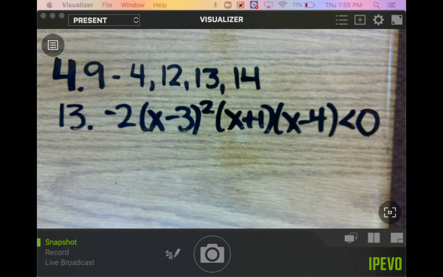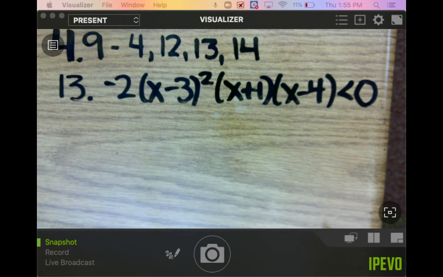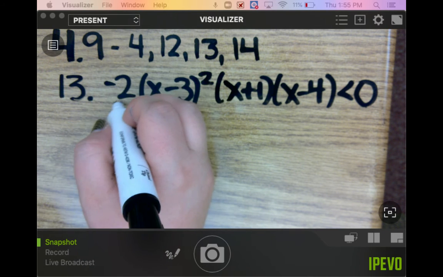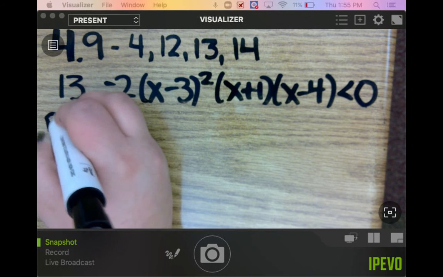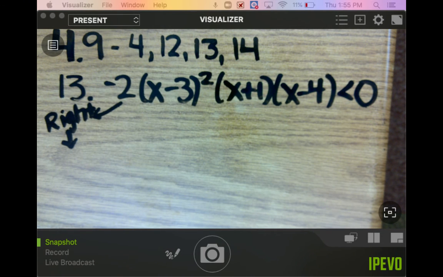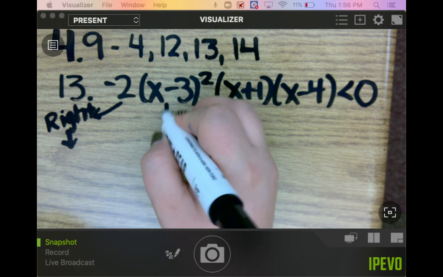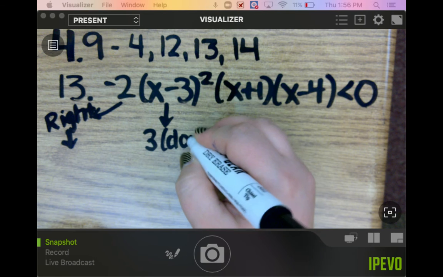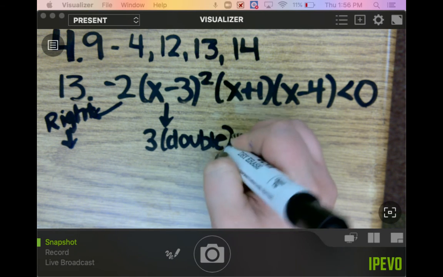So there is this -2 sitting in the front. All that it does is say that the right side is going to go down. It's not a 0, it's just telling you the right side goes down. This one is going to be a 0 at 3, and that's going to be a double, so it's going to bounce.